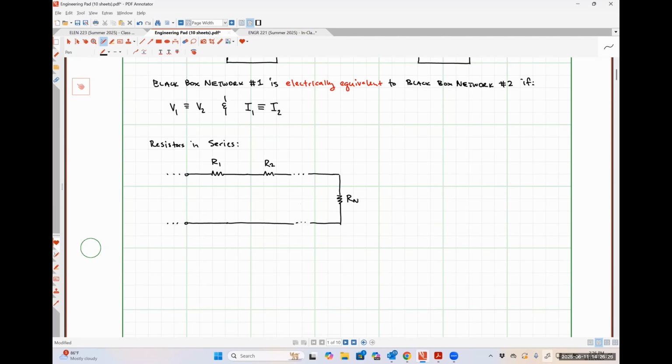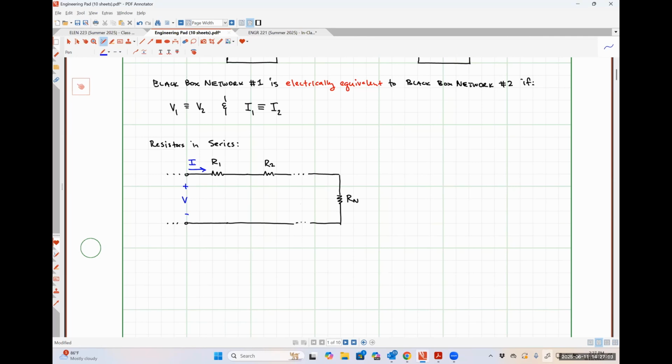Okay. So I'm going to say that this network of resistors has some total voltage drop across it, seen between these two terminals that I've indicated, and I'm just going to call that voltage V. Okay. And similarly, there's going to be some current flowing into my network of resistors, and I'm going to call that I. Okay.